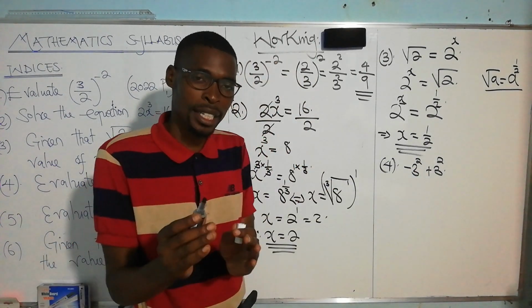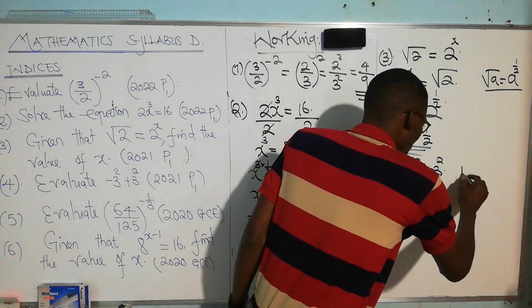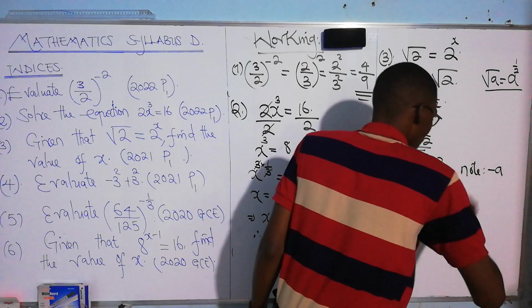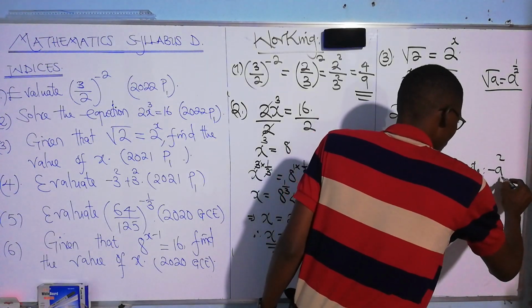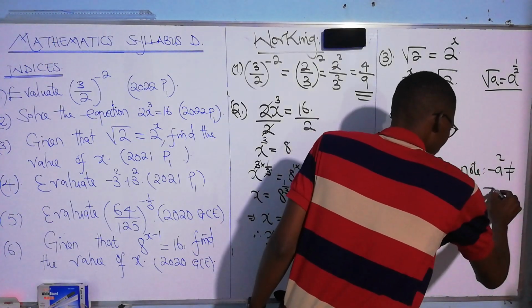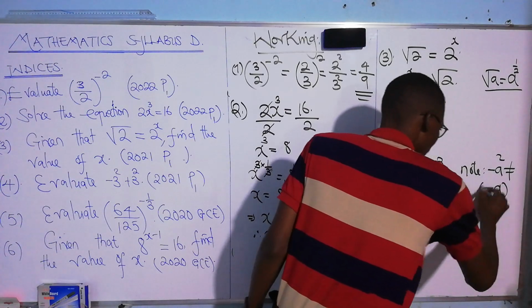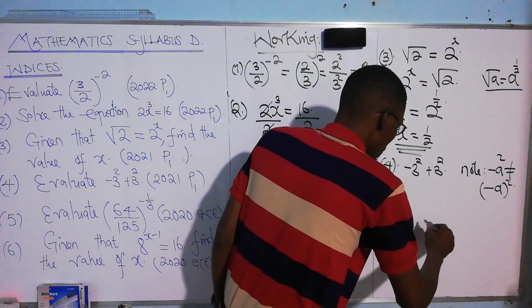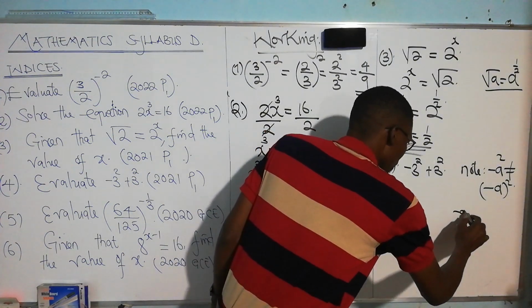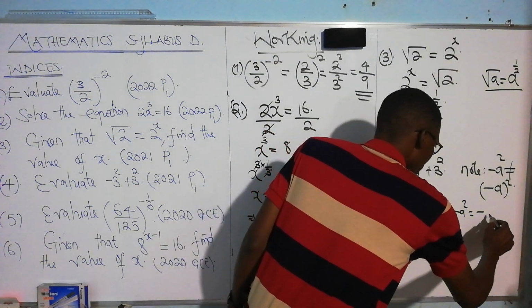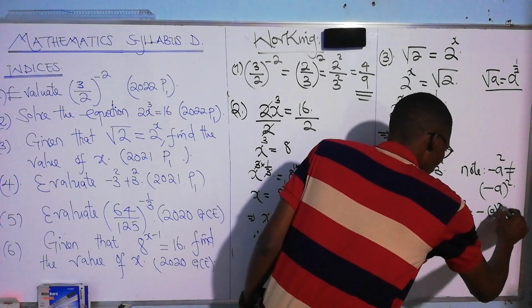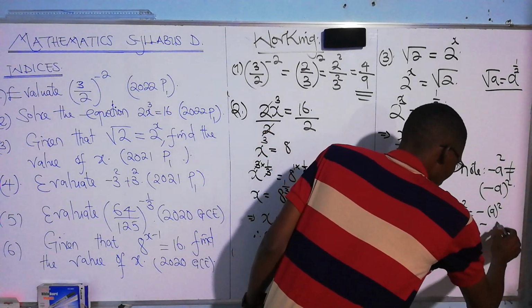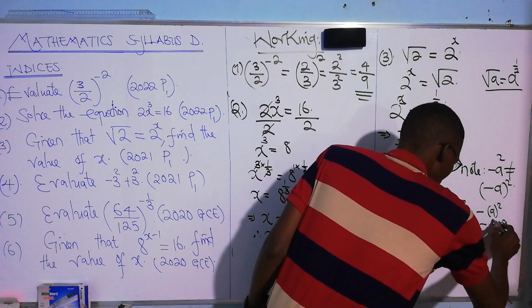Now take note that negative a squared is not the same as negative a in brackets squared. The reason is simple. Negative a squared means negative of a squared, which means negative of a times a.